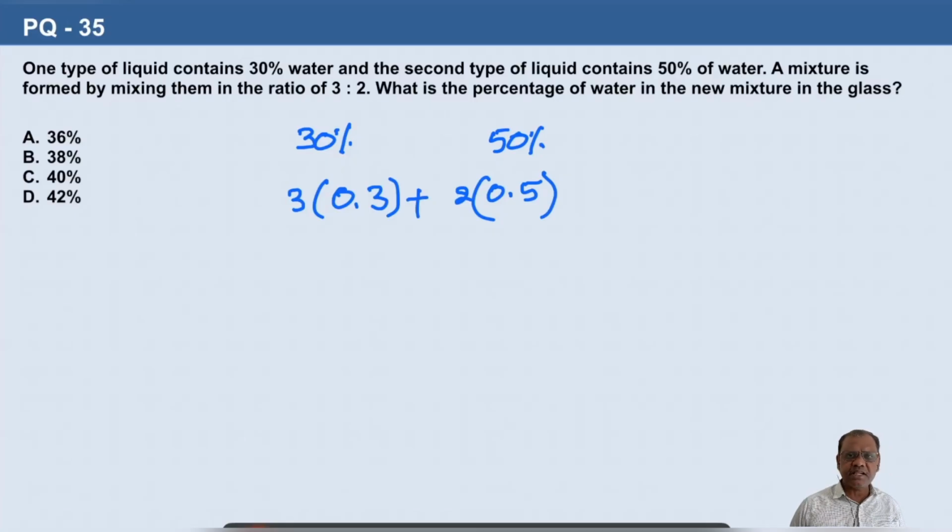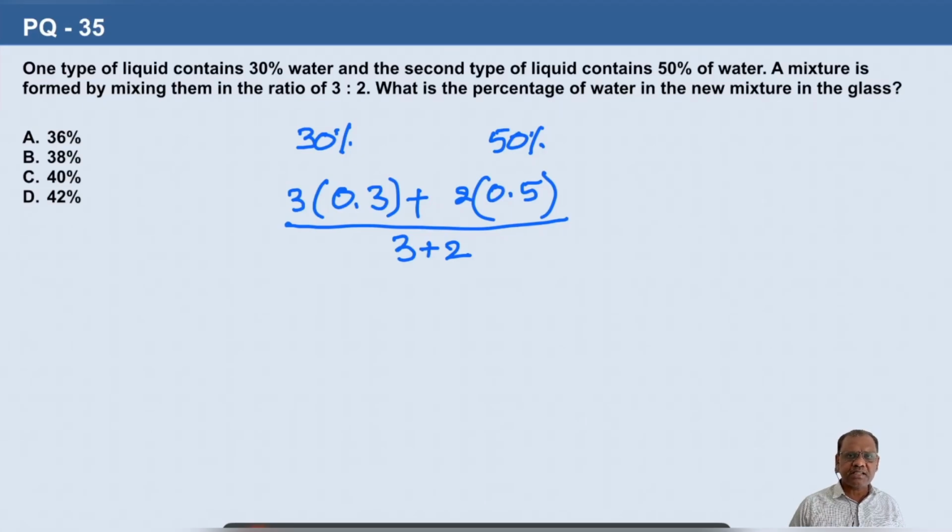The total quantity of the mixture is 3 parts and 2 parts, so 5 parts is total of both the types of liquids. Out of this, 3 parts of water is 0.3 into 3 and 2 parts of water is 2 into 0.5.